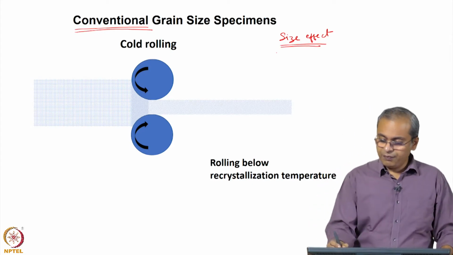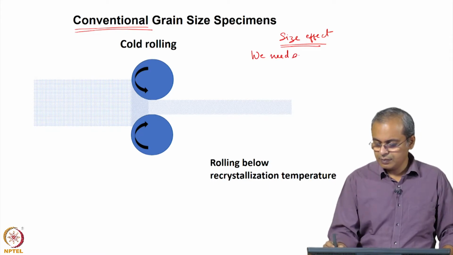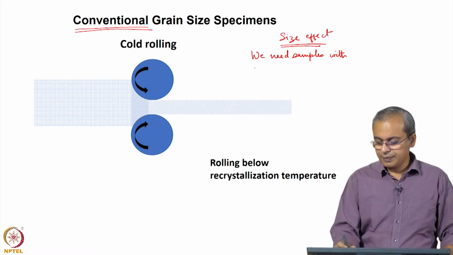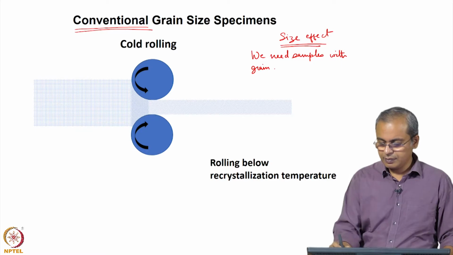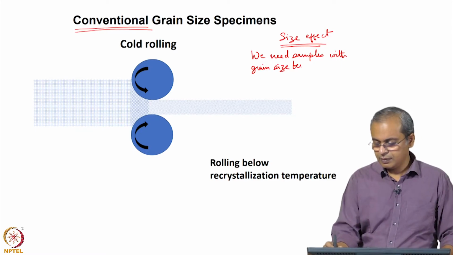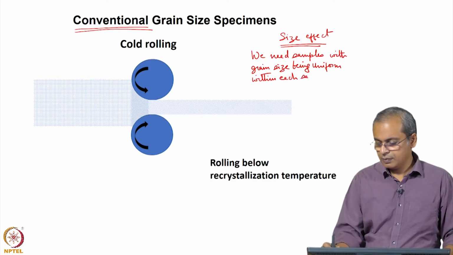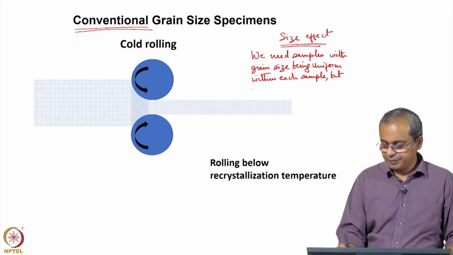So, therefore, we need samples with grain size being uniform within the sample, but varying from sample to sample.